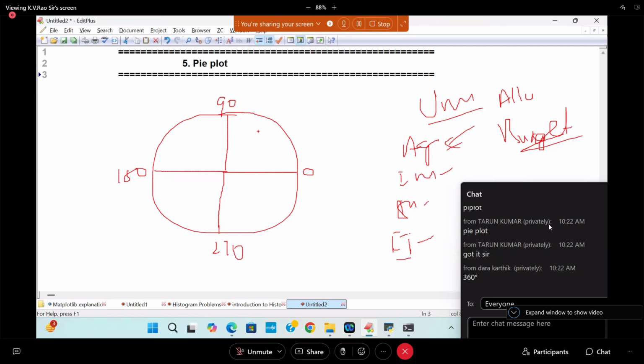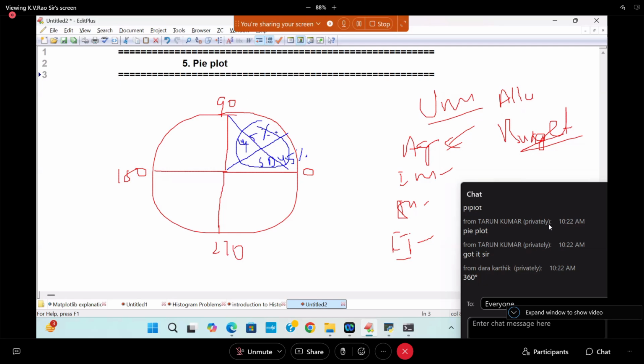In this 90 degrees, I enter something like this. Assume this is skill development, with 45% of the resources allocated, for example. 45% is allocated for imports and exports. So this fits into which angle? 0 to 90.